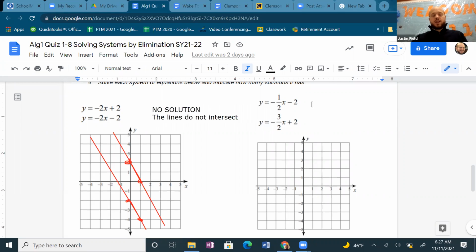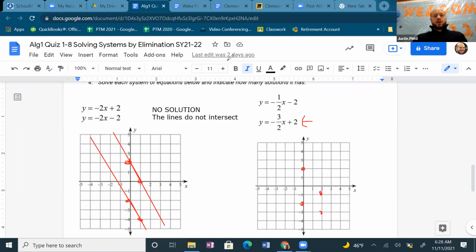All right. And now, next one. So we're going to start at our y-intercept of 2. I'm graphing this one right here. And then we're going to go down 3, right 2. Another point. And then this one, start on my y-intercept of -2. I'm going to go down 1, right 2.